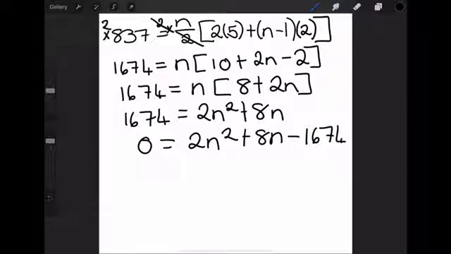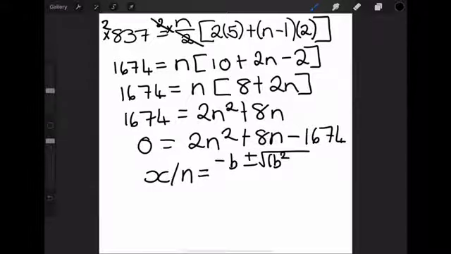All right, and at this point, I would go and use my quadratic formula. I just find it easier, and knowing that my quadratic formula is x, or in this case it would be n, is equal to minus b plus minus square root of b squared minus 4 times a c over 2 times a.